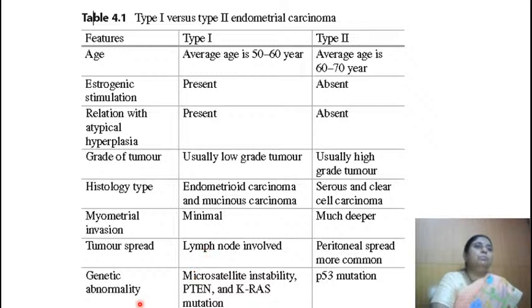In molecular pathology, type 1 tumors show microsatellite instability, PTEN and KRAS mutations, whereas type 2 carcinomas show P53 mutations.